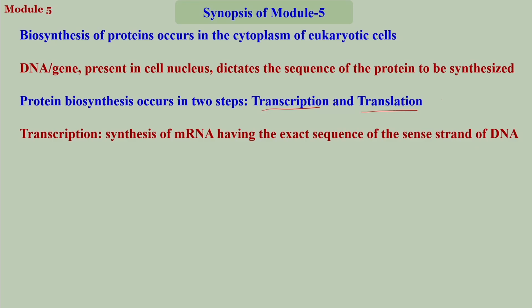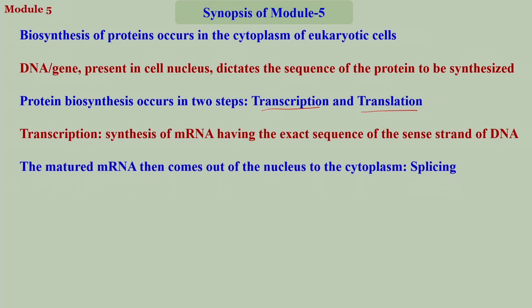That is all about transcription. Once the mRNA is matured, it comes out of the nucleus to the cytoplasm, and that is how the information coded in the gene in the nucleus comes out to the cytoplasm and synthesizes the protein there.